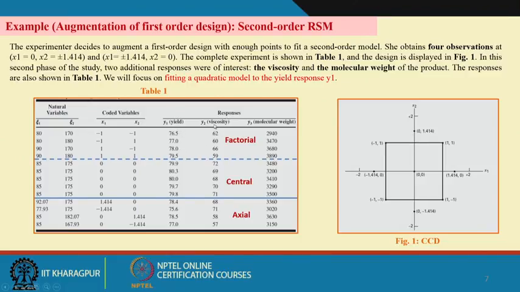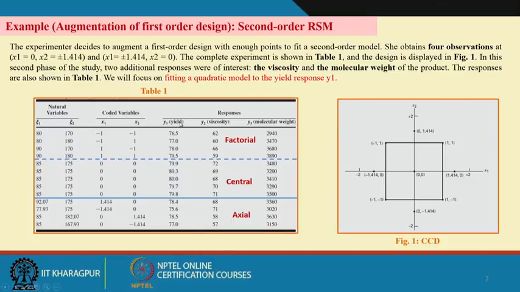Viscosity and molecular weight are the other 2 response variables of interest to the experimenter, but from the point of view of understanding the second order model, we are not interested in discussing viscosity and molecular weight.